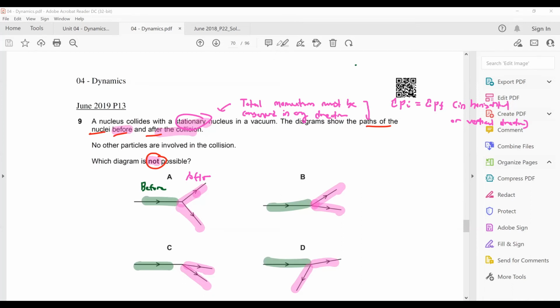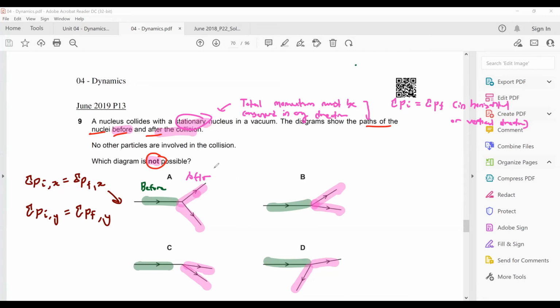Now, what I can say here is that if I look at this part A, the sum of momentum before must be equal to the sum of the momentum after in the x direction or the horizontal direction. That one is correct. Likewise, the sum of momentum before must be equal to the sum of momentum after in the y direction too. Now, specifically, you want to look at the y direction or the vertical direction now.